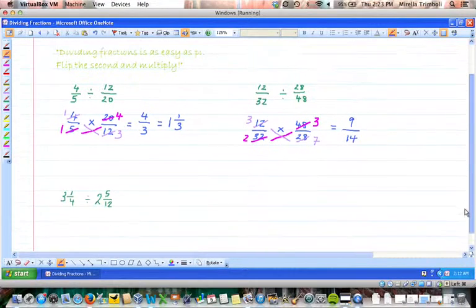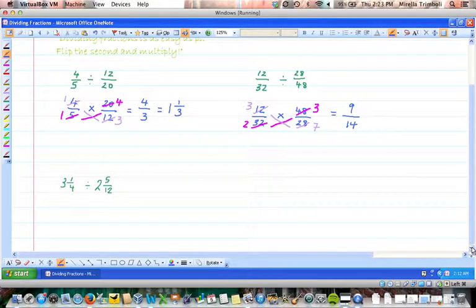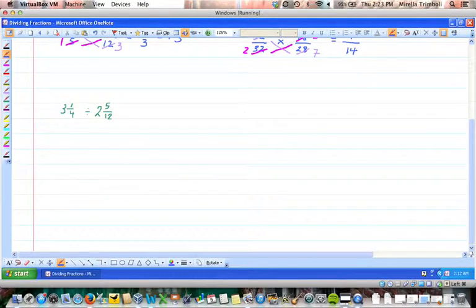And let's look at one more now. And this one, we will have a look at those with mixed numbers. So if you remember from last week, when dealing with mixed numbers, you first of all want to change these into improper fractions.